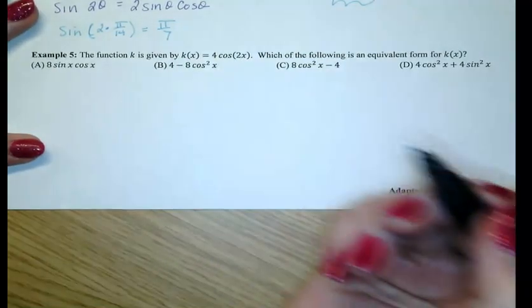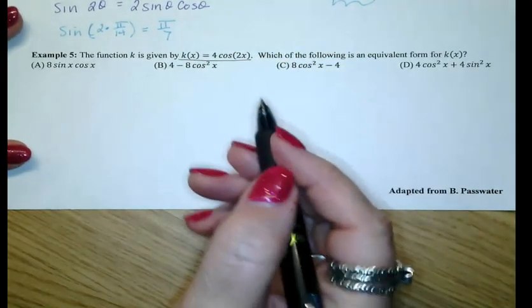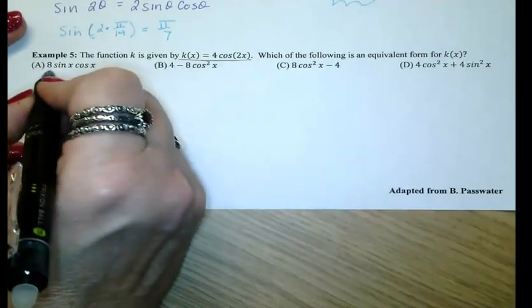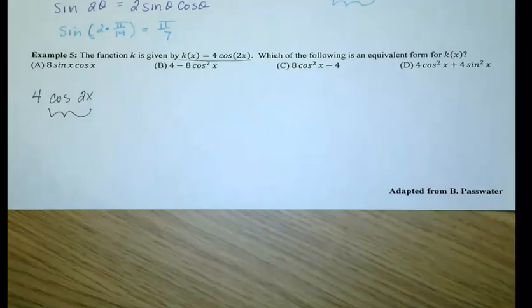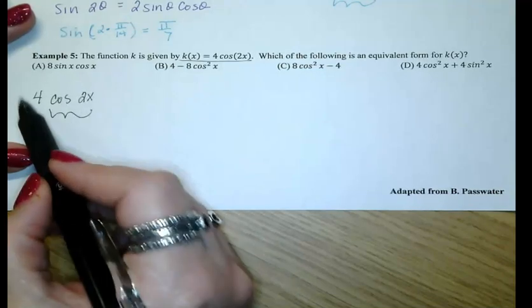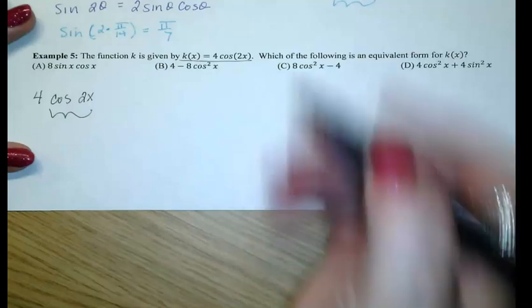As always, I'm going to keep track of my problem right here. And so I'm going to work through each one of these, right? So this one, this one, this one, and this one. Pause your video. Okay, so as you thought about that, I'm looking at this and I can see that I have a double angle here times 4. And so there are 3 options for double angle.